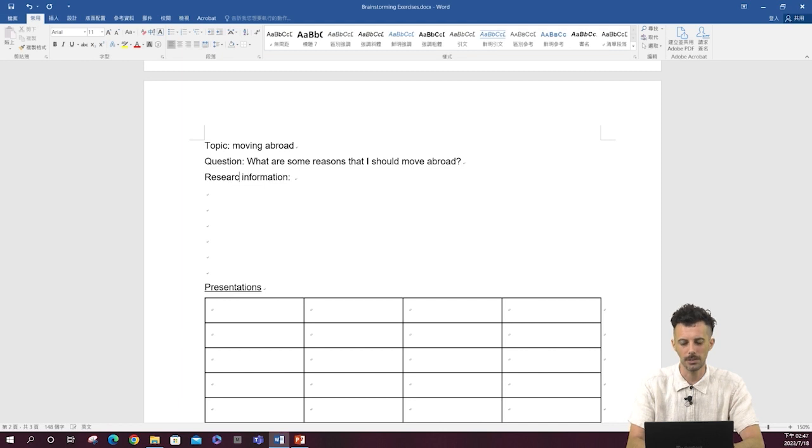Or if anyone else has any good sources of information, because you are all going to go abroad for an internship. I haven't heard anything from James for a bit. So James, what would be a good source of information? Yeah, Google. Okay, could you be more specific about what you would ask Google?